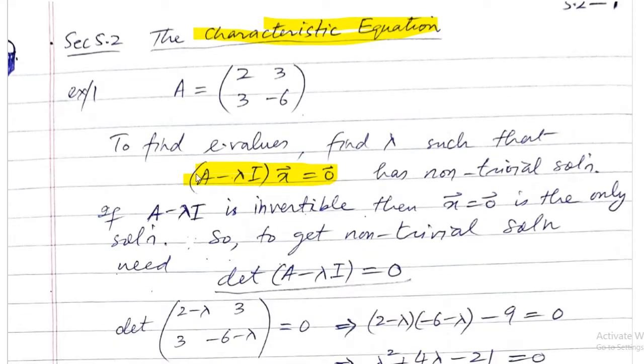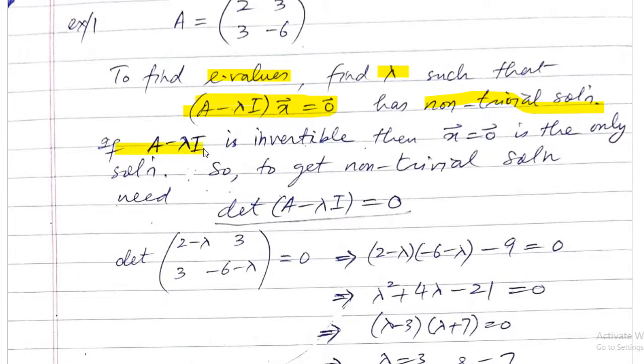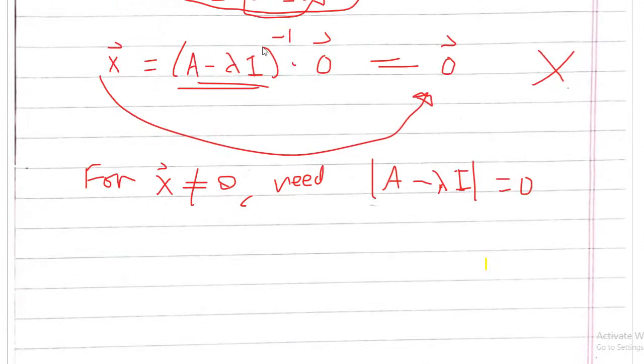So if I solve this to find the eigenvalues, we find lambda such that this system has non-zero solutions, and this is only possible if A minus lambda I is not invertible. This is what I said here, because if the inverse exists, then 0 is the only solution. So to get a non-zero solution, the inverse should not exist.